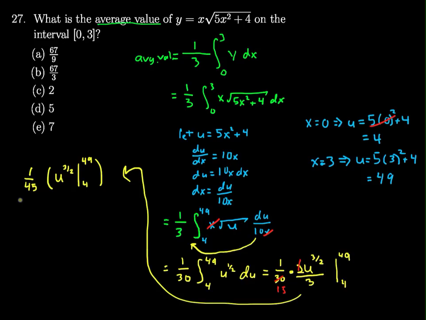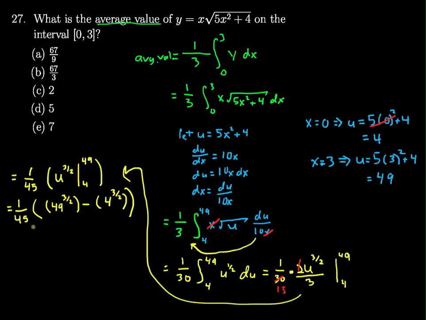And we can evaluate this down, so I still have a 1 over 45. This will be 49 to the 3/2 minus 4 to the 3/2. Okay, I take the square root of 49 and I get 7. And 7 cubed, well, 7 times 7 is 49. Times 7 again, that's almost 350.